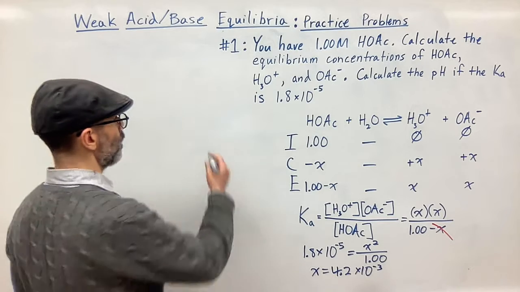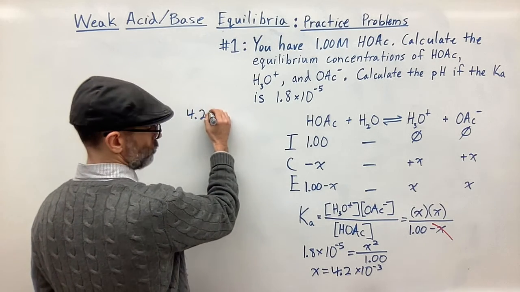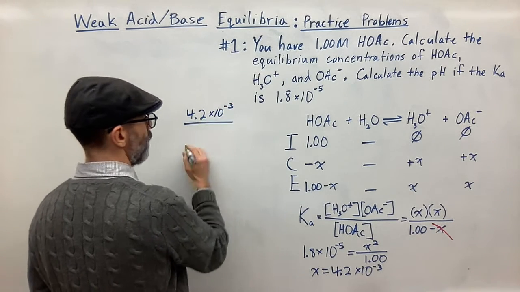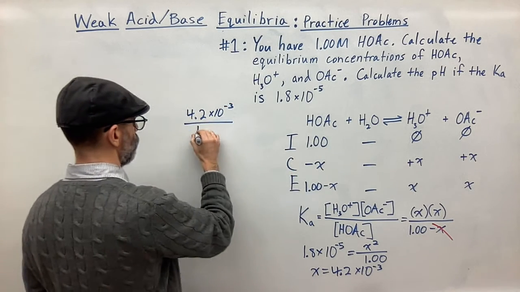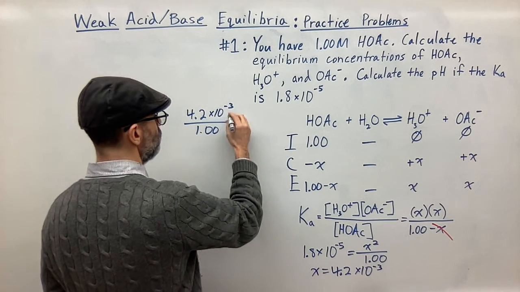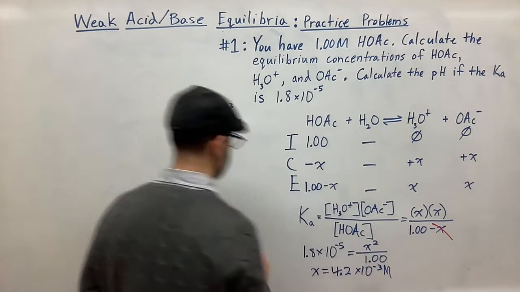So we're going to take our x, 4.2 times 10 to the negative 3, divide that by the original, which is 1.00 molar. I should put molar down here, so that's molarity.